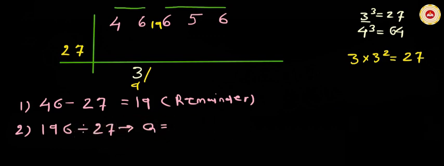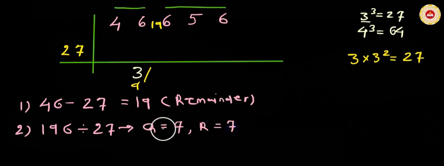So 27 2s are 54, 27 3s are 81, 4s are 108, 5s are 135, 6s are 162, 7s are 189. That means the quotient is 7 and the remainder is 196 minus 189. The remainder is 7.